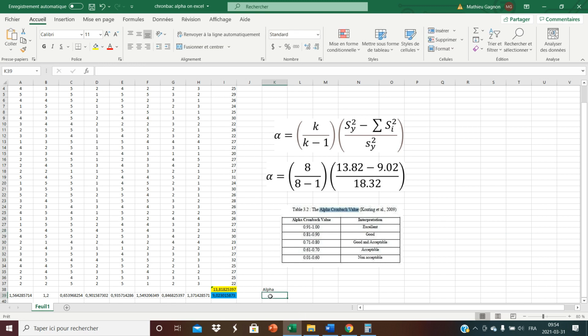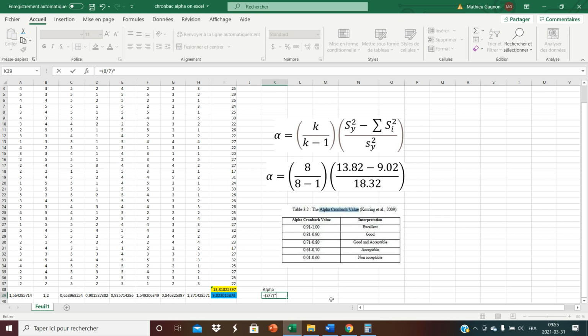Donc, pour calculer l'alpha ici, je vais faire égal, toujours égal, right? 8 divisé par 8 moins 1, donc ouvrez la parenthèse, 8 divisé par, oh pardon, I didn't have my numlock, ok, 8 divisé par 7, right, parce que 8 divisé par 8 moins 1, c'est 8 divisé par 7, close parenthesis, times, a little star, ok.